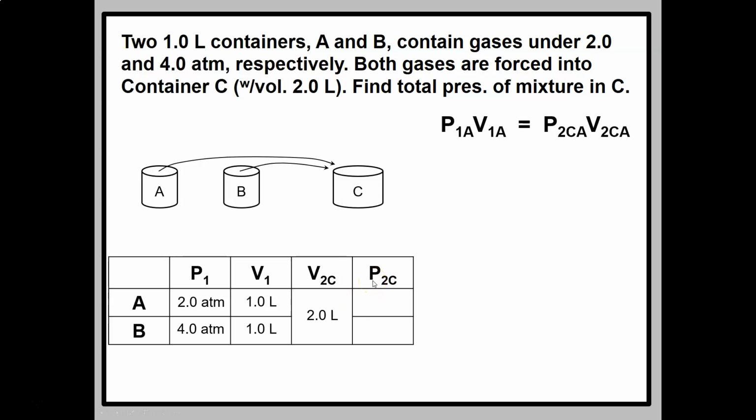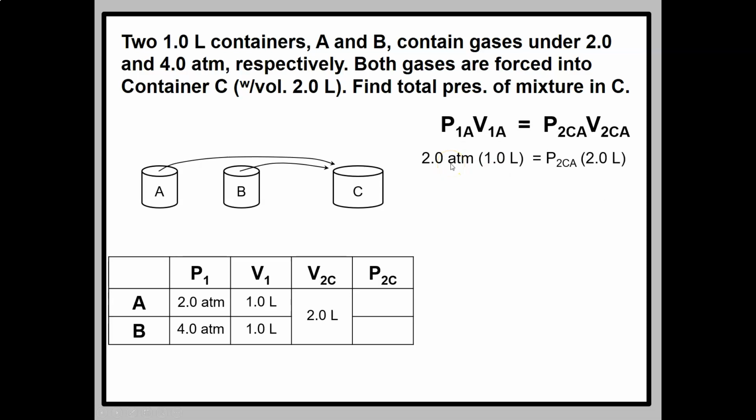Remember, Boyle's law is what happens when we have pressure and volume and we're trying to find what that change would be. So the pressure of container A at the beginning, the volume of container A at the beginning equals the pressure of the new container from gas A and the volume of the new container, right?